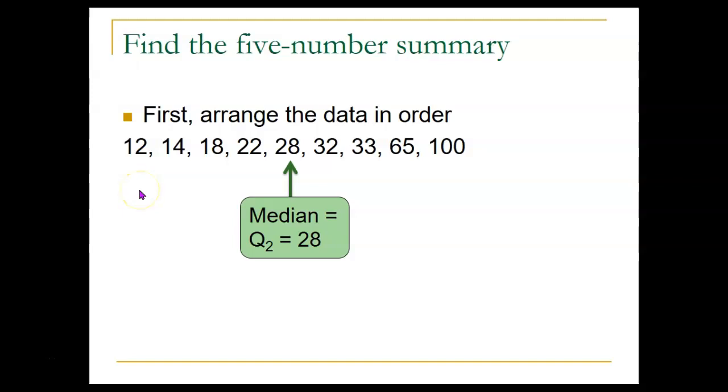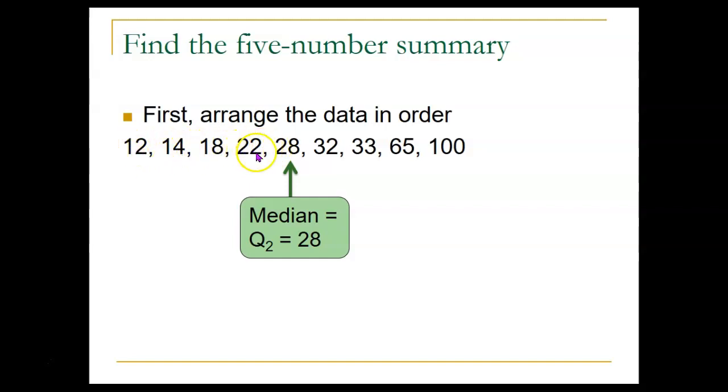Some people will not. I will not. I will just look at the ones that are below that median. That's the way our book does it. That's the way a TI graphing calculator will do it. So that's the way we're going to do it for this class. But if you go looking at how other people do it, you might see that different people do it different ways.